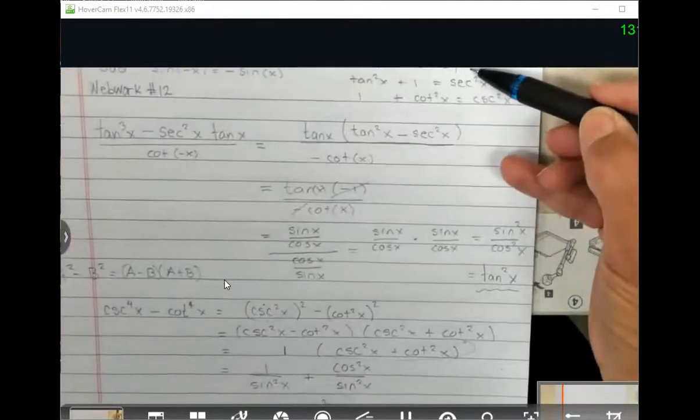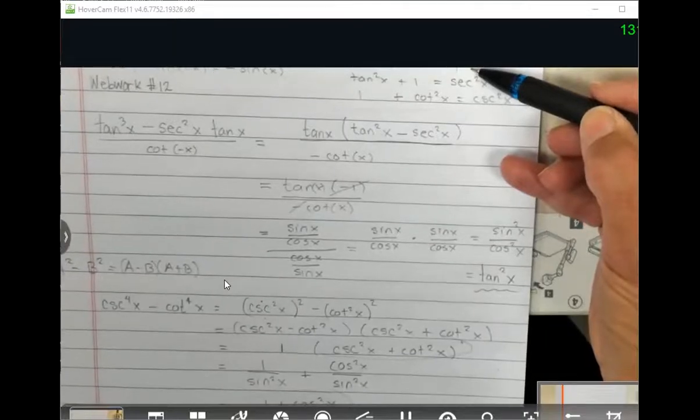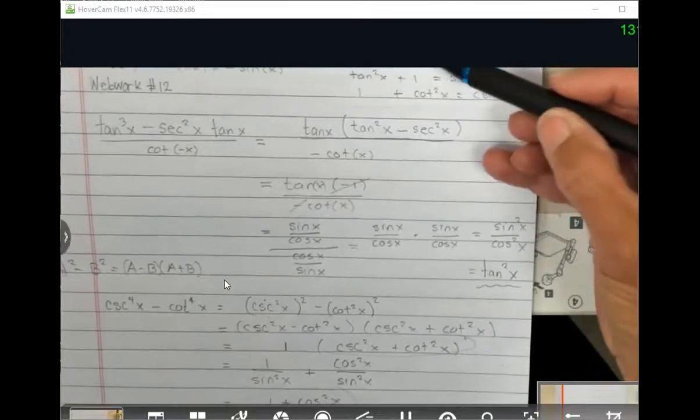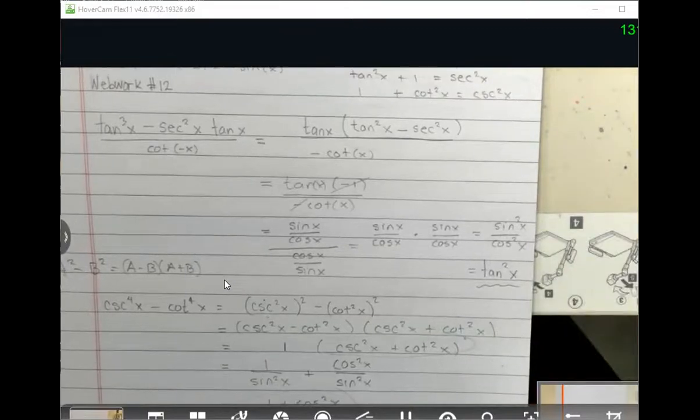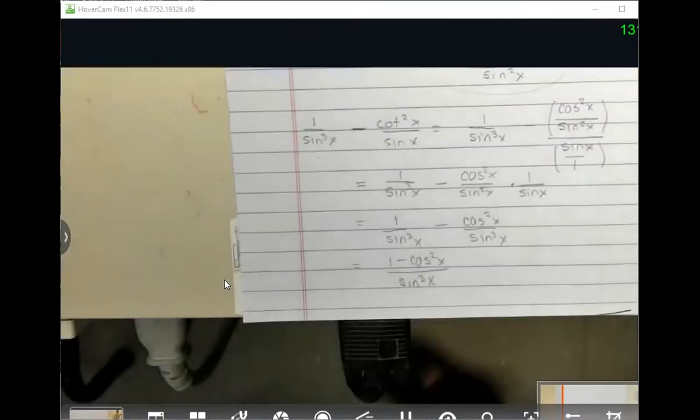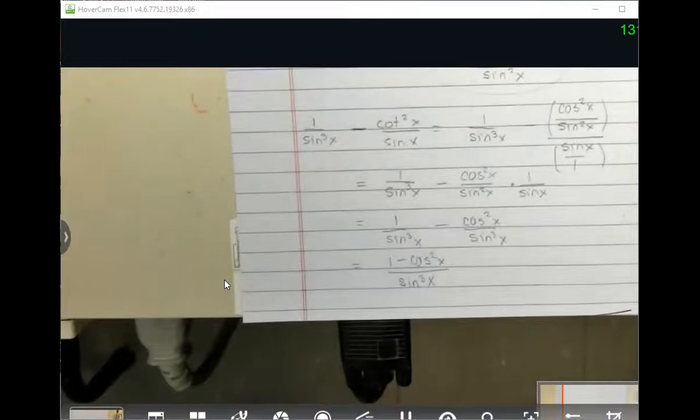But wait, sine squared plus cosine squared is 1. So if I want 1 minus cosine squared, I'd subtract cosine squared. And what's left over here is sine squared. So 1 minus cosine squared can be replaced by sine squared.